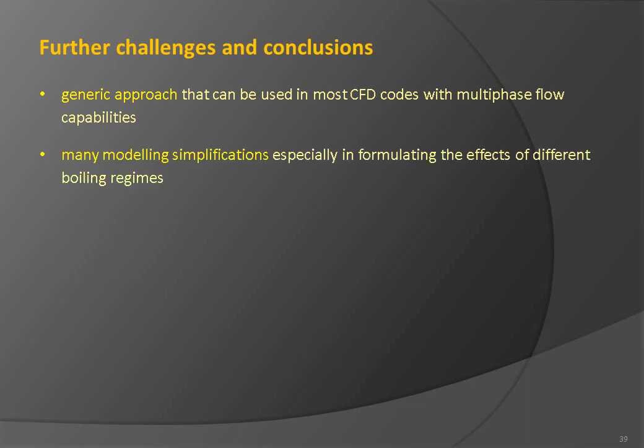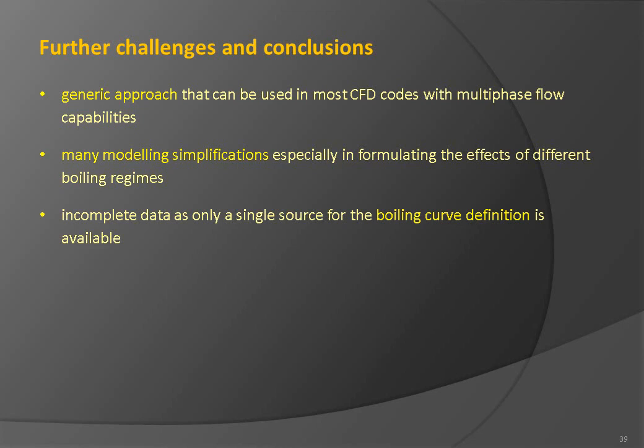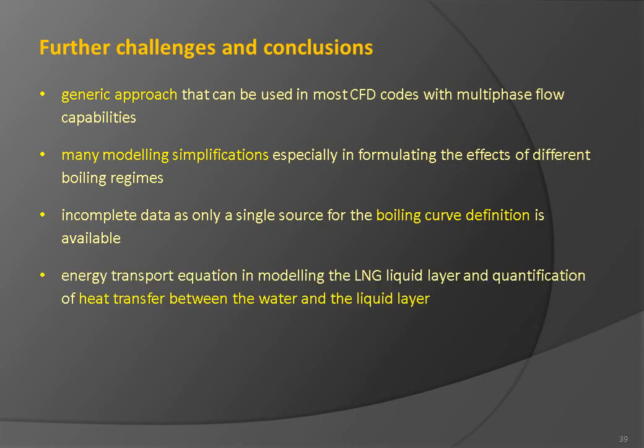It has to be admitted that many modeling simplifications, especially in formulating the effects of different boiling regimes, were utilized by using available sources discriminatorily. In most of the review cases, the modeling relies on a single source of the boiling curve definition. Until more complete data is available, this will remain the weakest point in any modeling approach.